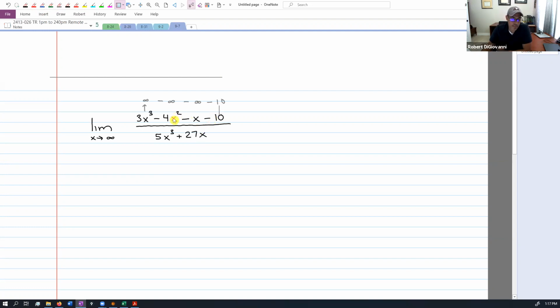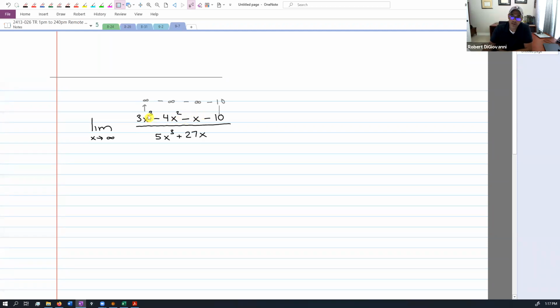So what do you think? Do you think this 3x cubed, as x gets really big, will dominate over the x squared and the x? Eventually, right? If I let x get big enough, then these are insignificant. You have to kind of wrap your head around that idea.